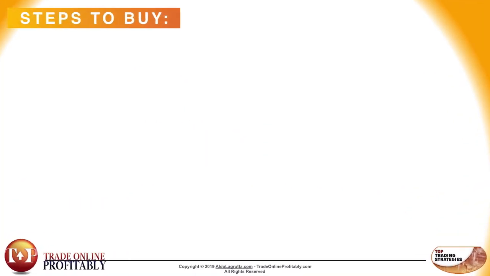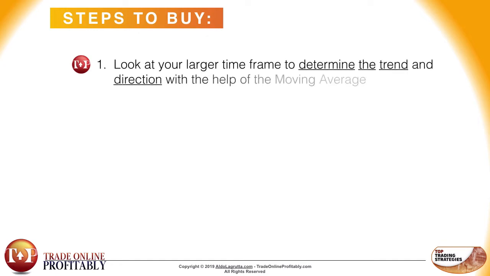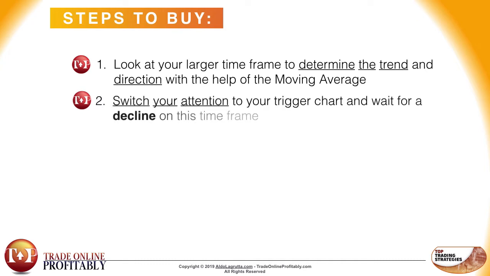Now here are your steps to buy. First, look at your larger time frame to determine the trend and direction with the help of the moving average. If you determine that the direction is up, then you switch your attention to your trigger chart and wait for a decline on this time frame.